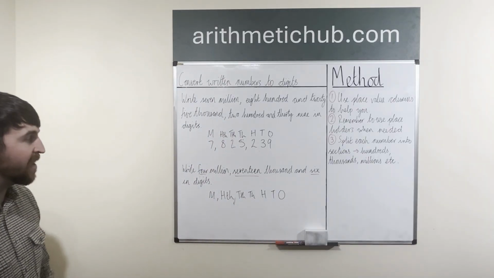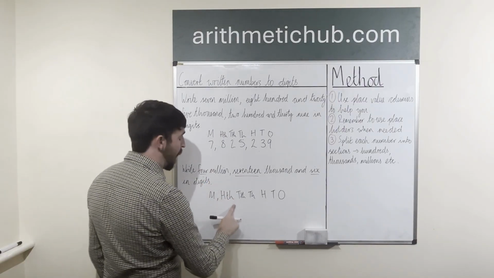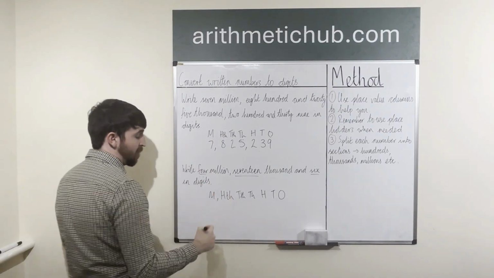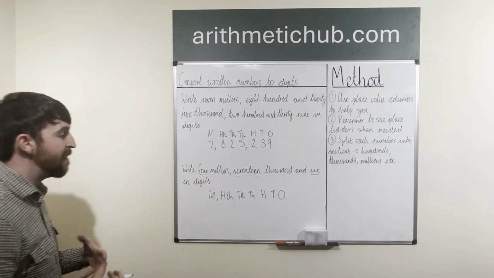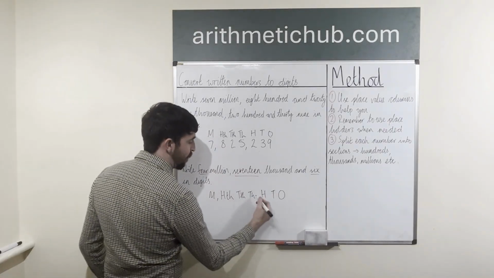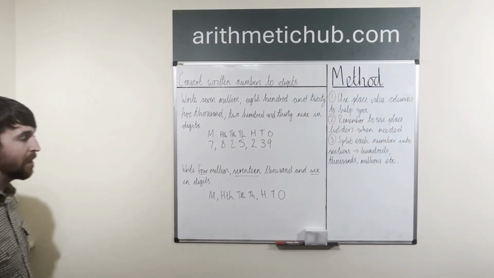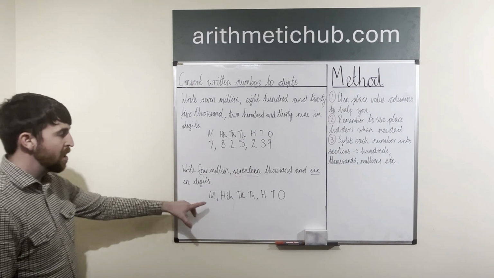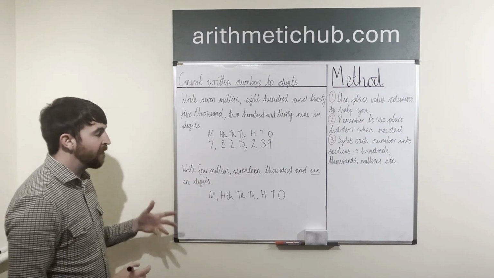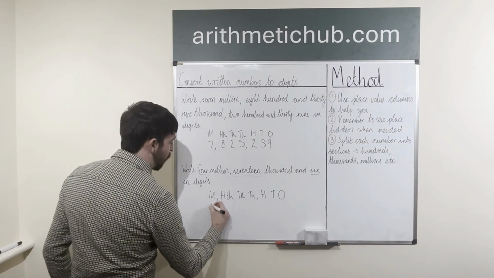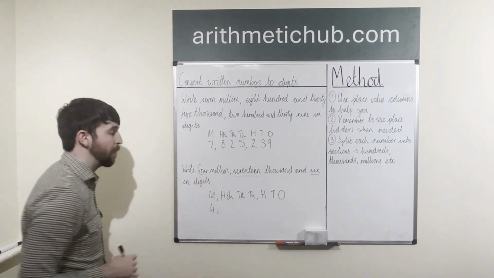I'm going to put my commas in my place value columns, because I know there's going to be columns every 3, isn't there? So again, I have my hundreds section, my thousands section, and my million section here like that. Okay, so it's going to be a 4-digit number. I need 4 million, so I need 4 in the millions column, and I'm going to put my comma after it.